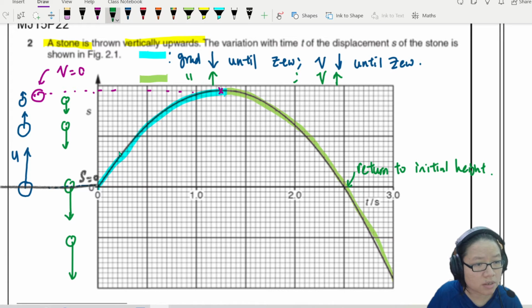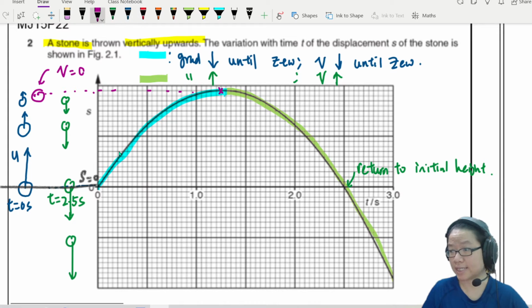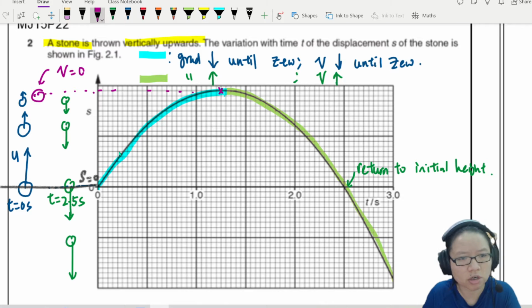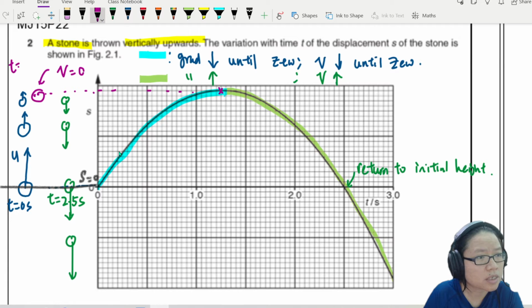So here, t is 2.5 seconds. Starting point here, t equal to 0. Drawing out all these things is very helpful, especially if there is too much information. Drawing a picture is good. This one looks like halfway there, so this t is 1.25 seconds.